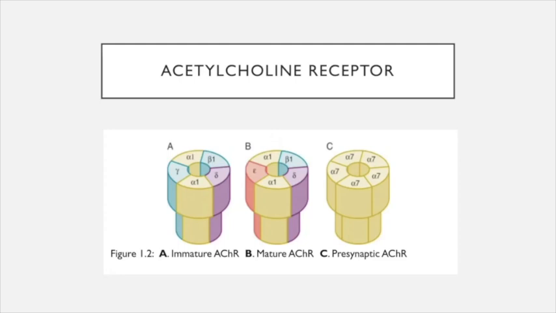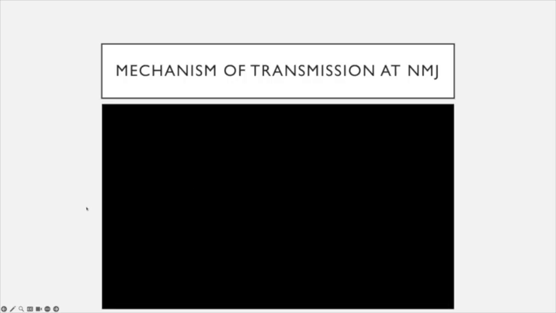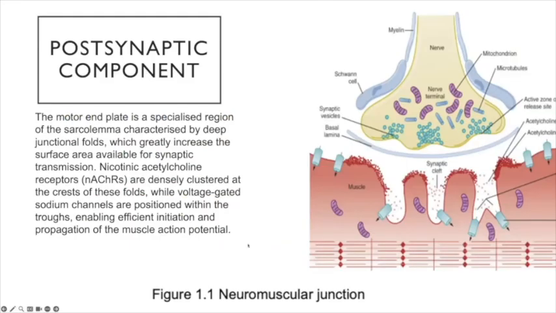The postsynaptic nicotinic acetylcholine receptor is found at the level of the muscles, and this is what I was showing you here. These receptors are held tightly onto the muscle through a protein called rapsin.